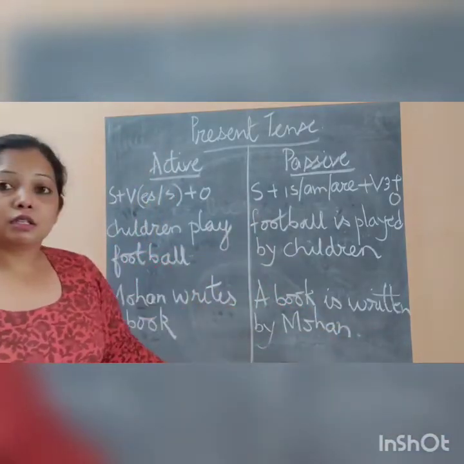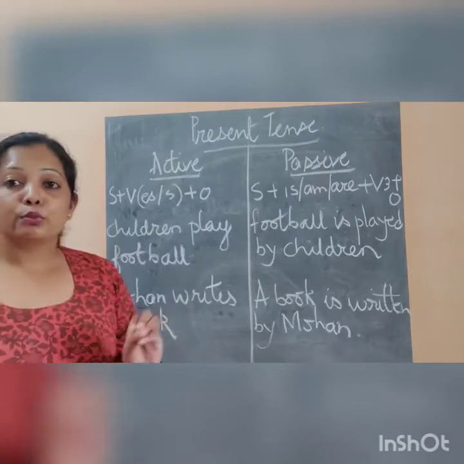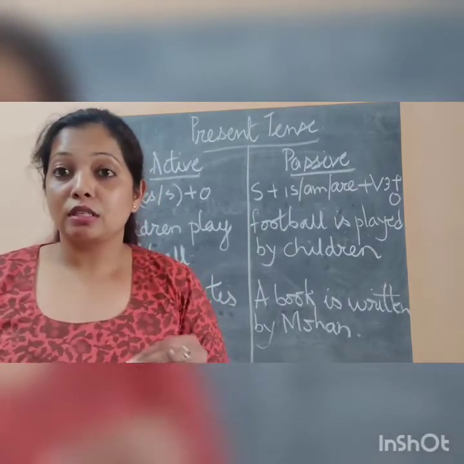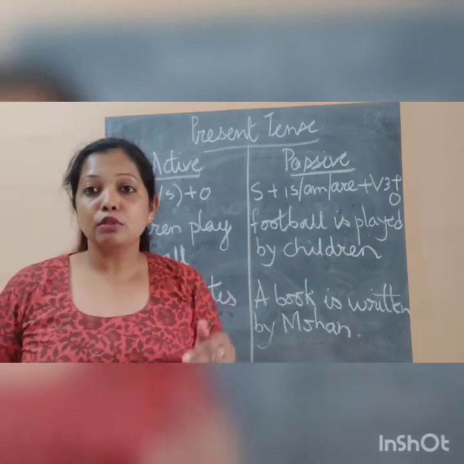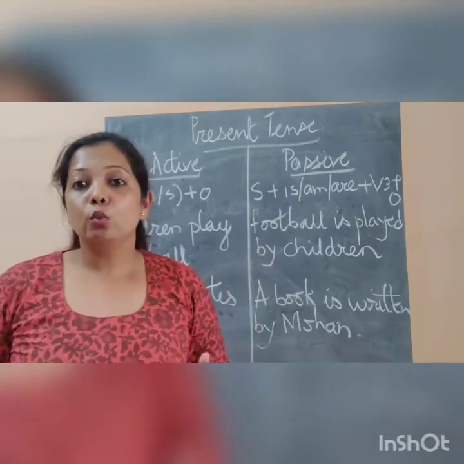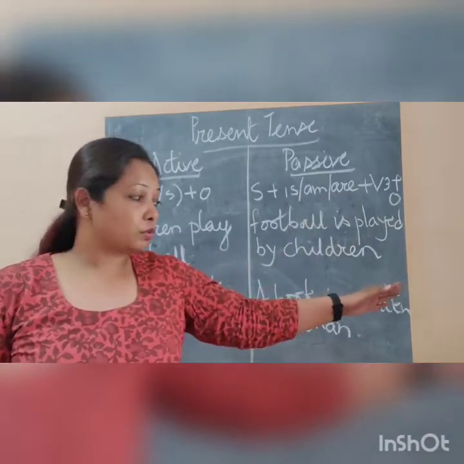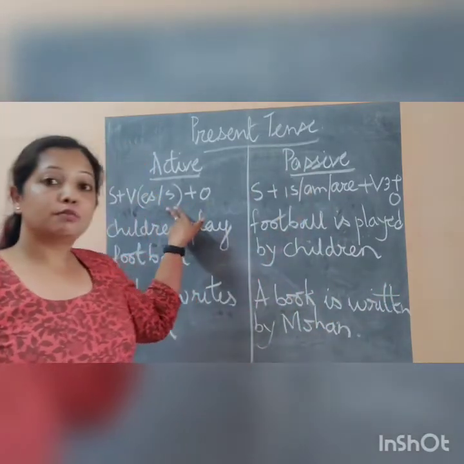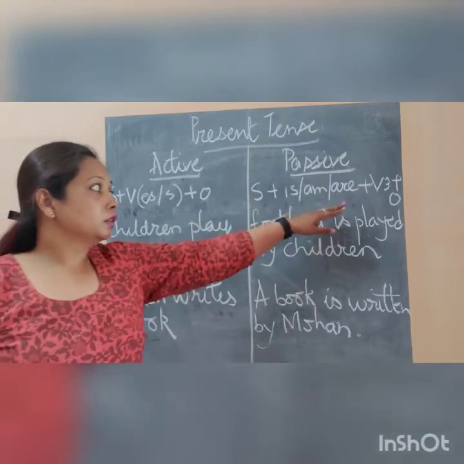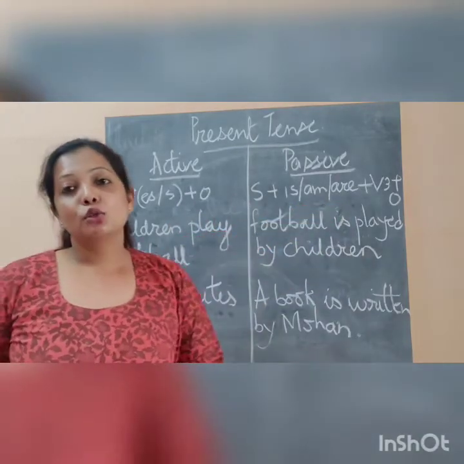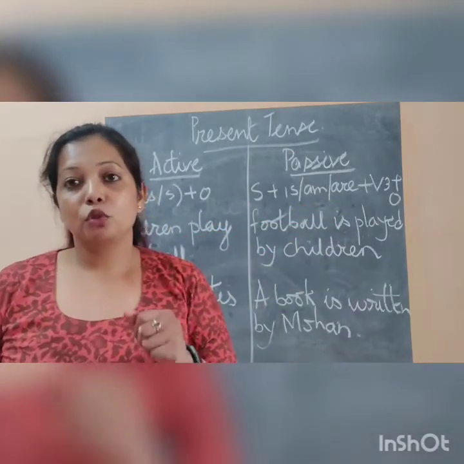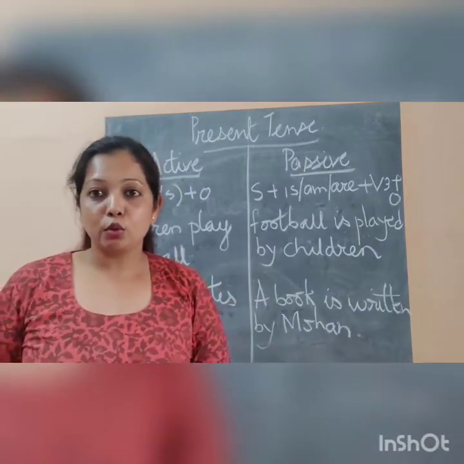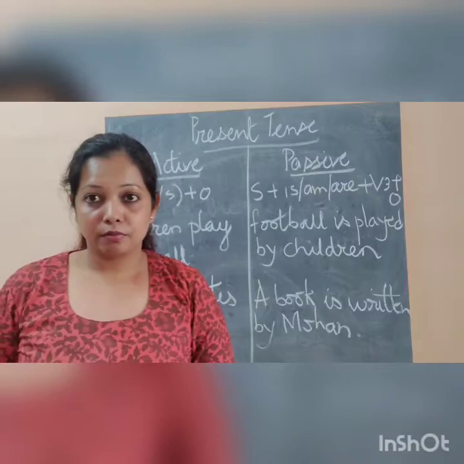So here is the simple present tense. If an active voice sentence is in simple present tense, how will you change it to passive voice? If it is in simple present, you can see there's a formula given, so you can change it accordingly. So in simple present tense, how will you change an active voice to passive voice?